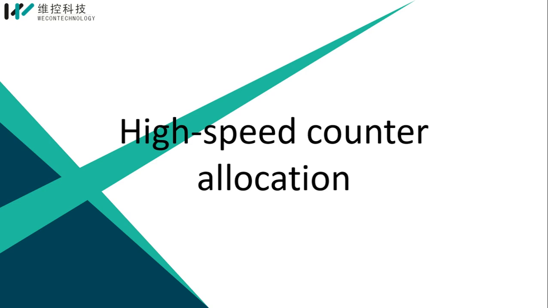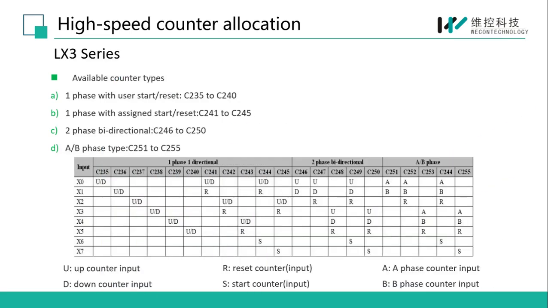So let's move on to the high-speed counter allocation. For LX3V, if you use one phase with user start and user reset, you just use C235 to C240.